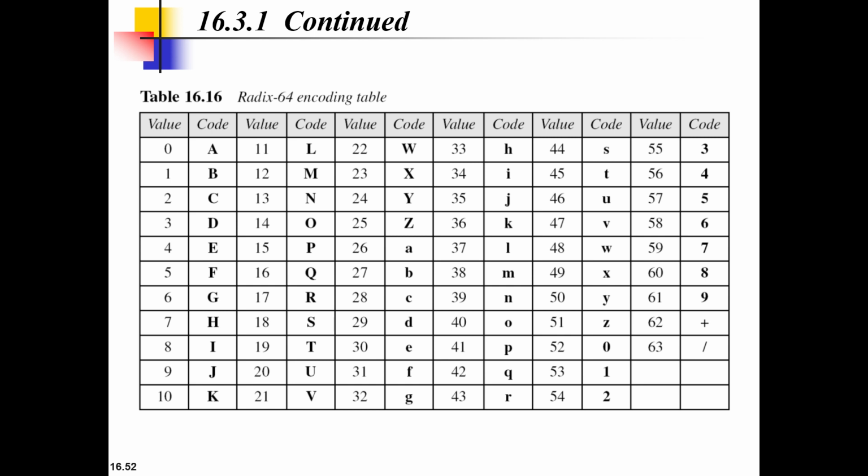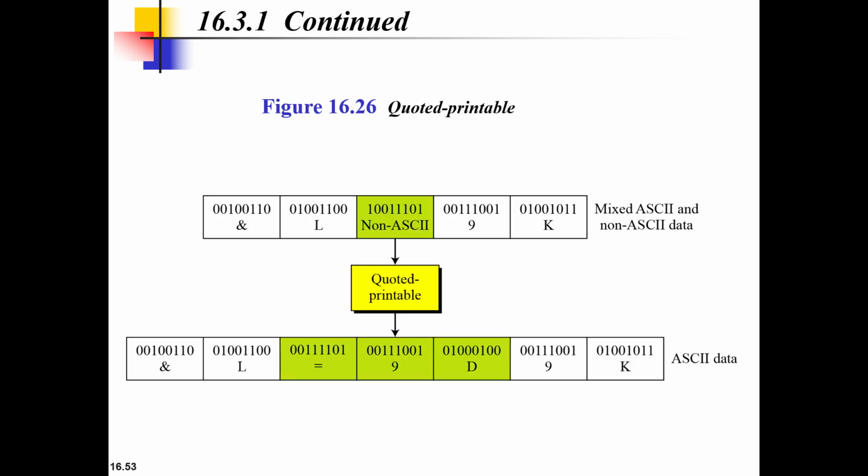Next is quoted printable. Radix 64 is a redundant encoding scheme, that is, 24 bits become 4 characters and eventually are sent as 32 bits. We have an overhead of 25%. If the data consists mostly of ASCII characters with a small non-ASCII portion, we can use quoted printable encoding.